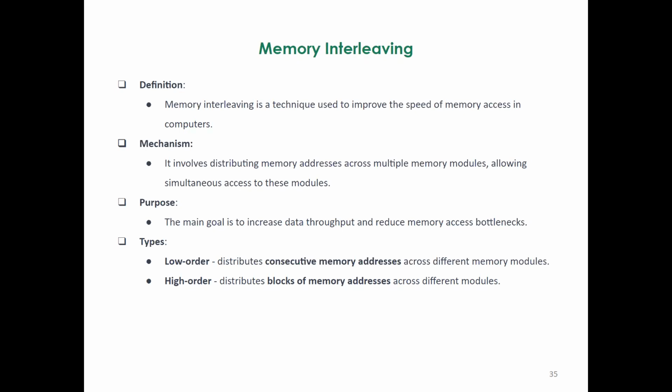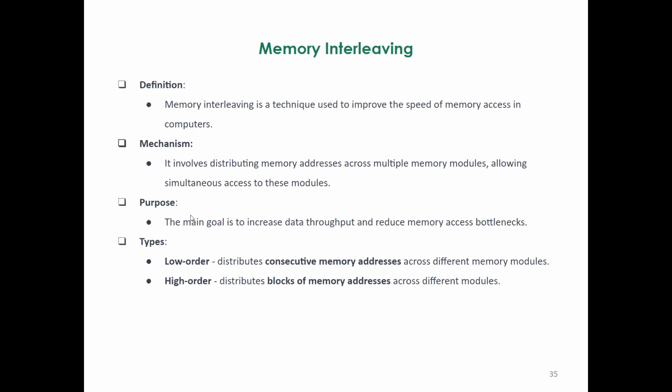And by having simultaneous access, it means we have a high speed of access, and we can read and write multiple words at the same time, so that gives us a bigger bandwidth in terms of access to memory.